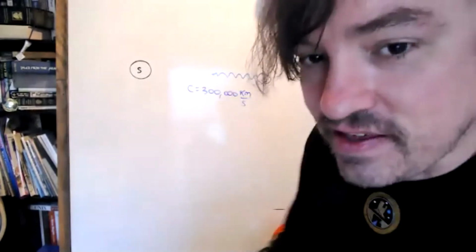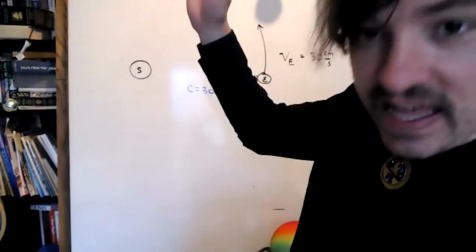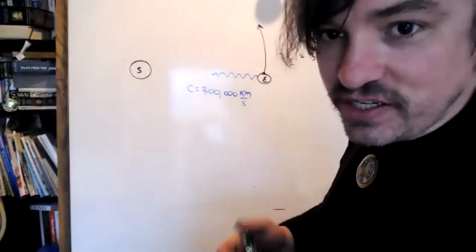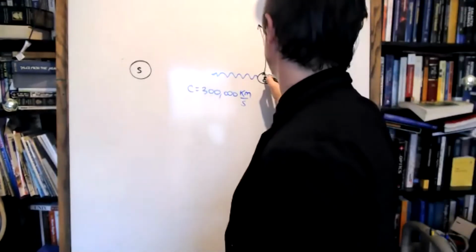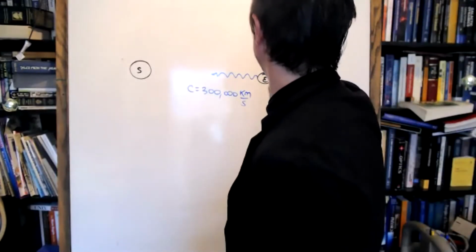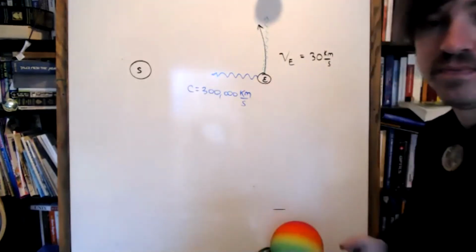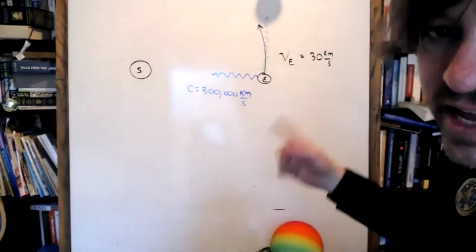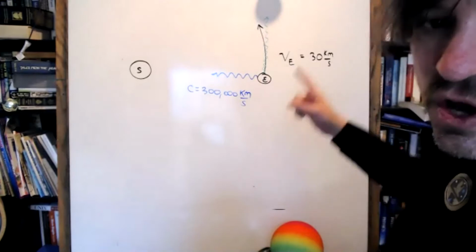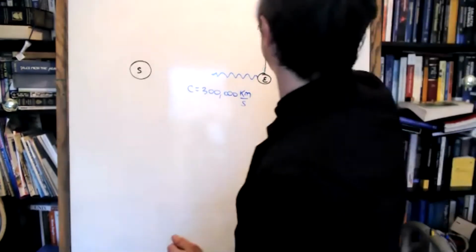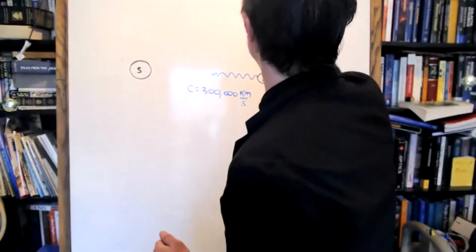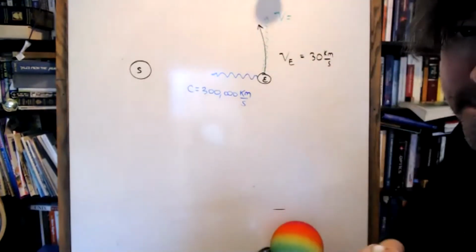Then they fired a second laser beam in the direction of Earth, tangent to its motion. So in other words, they fired a green laser beam in this direction. According to the Galilean transformation of velocities, what speed should they have expected to measure for the laser beam that is green?